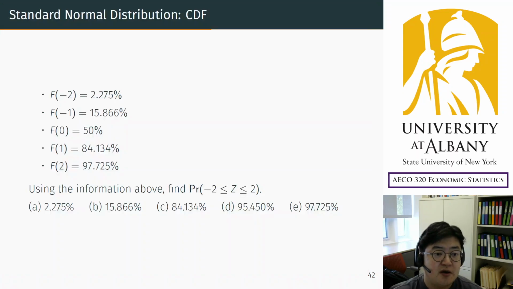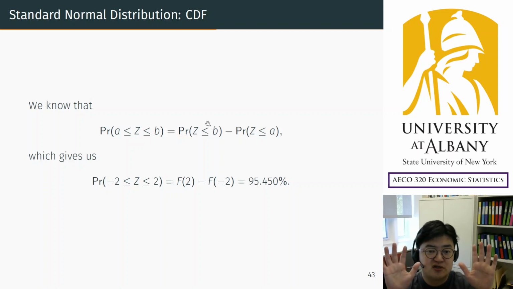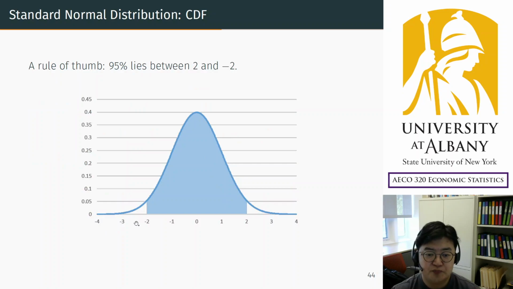Okay, remember what I explained earlier: to calculate probability between two numbers, you can take the difference of the CDFs at those two points. Then you get the probability in between them. Think about the area: the probability up to 2 is a larger area, and then you subtract this much. Then you calculate the probability in between these two numbers.